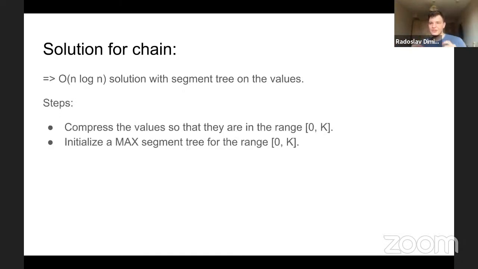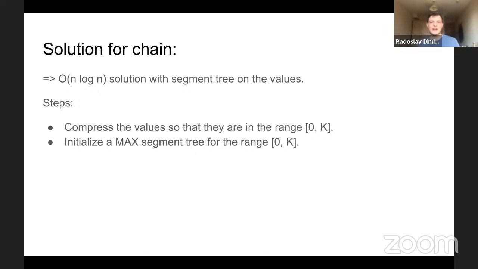The steps of the solution are as follows. First, we compress the values, because in the problem statement we had values from minus 10 to the 9 to plus 10 to the 9, which is pretty large to create a segment tree. There are alternatives, like a balanced binary search tree or dynamic segment trees. However, the simplest solution is to just compress the values, because we don't care how large the values are in this problem.